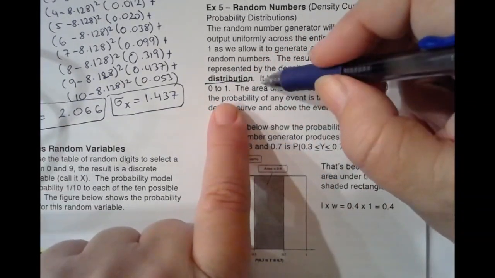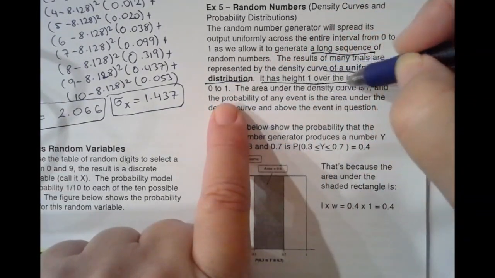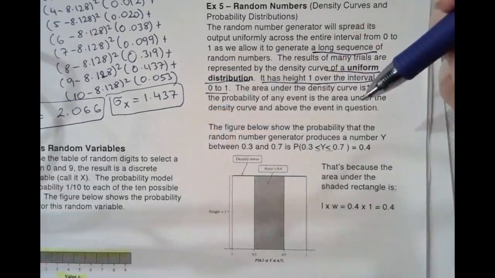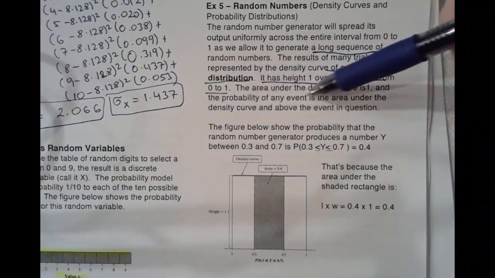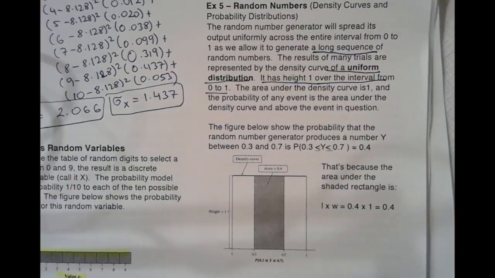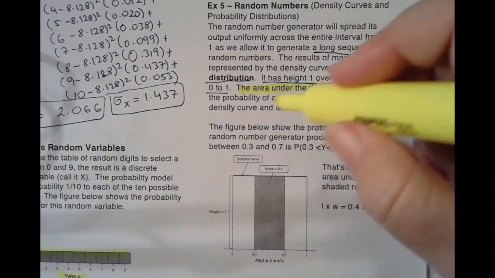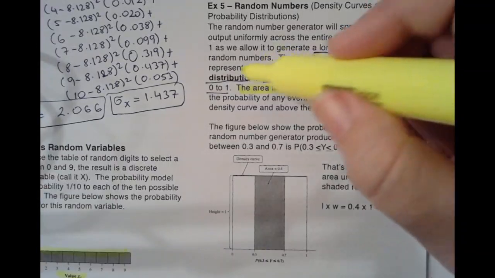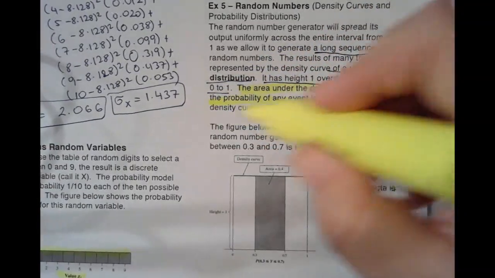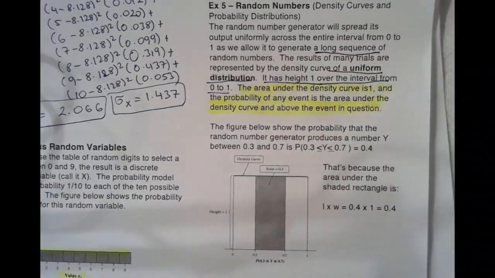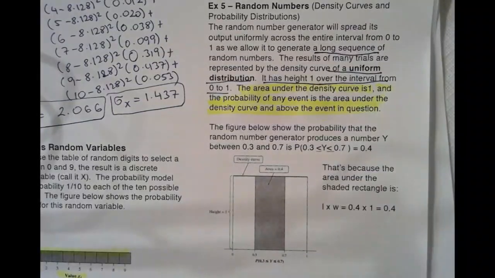The graph has a height of 1 over the interval from 0 to 1. The area under the density curve is always equal to 1. And the probability of any event is the area under the density curve and above the event in question.